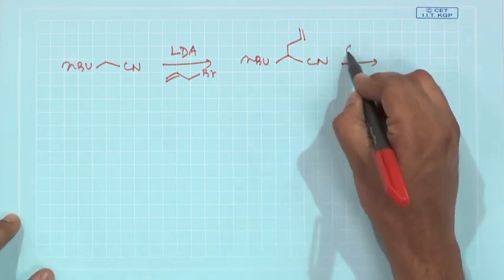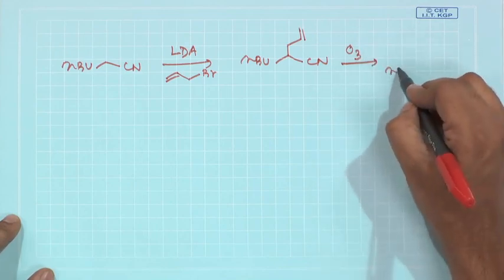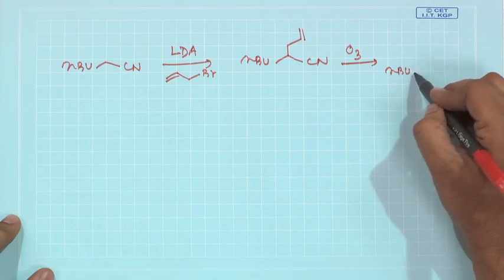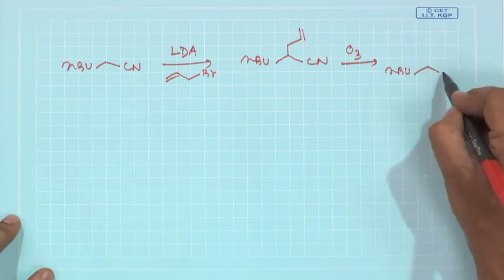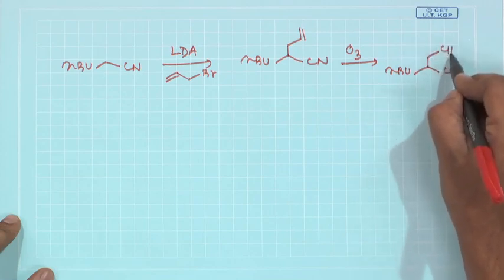So, here you straight away do the ozonolysis, and that will basically give you CHO.